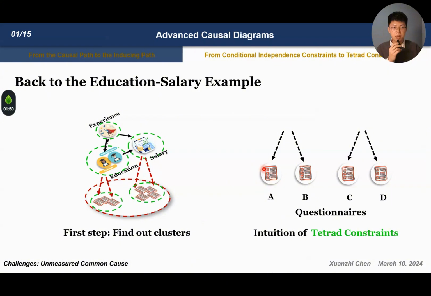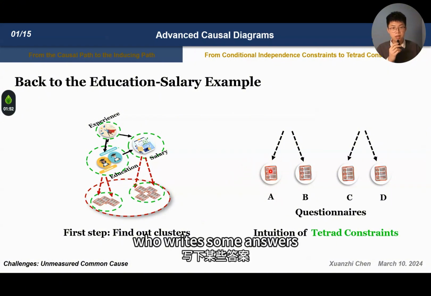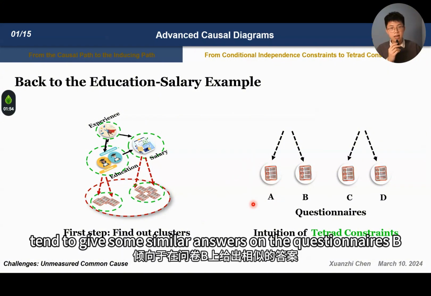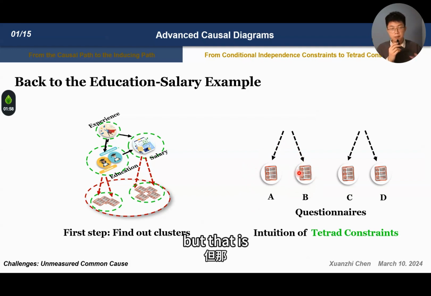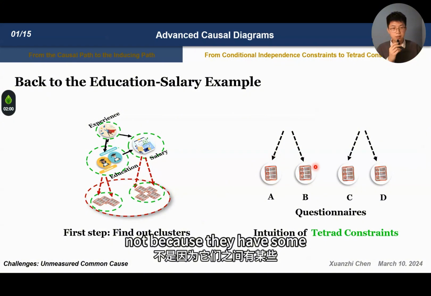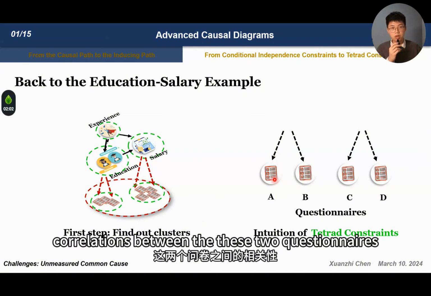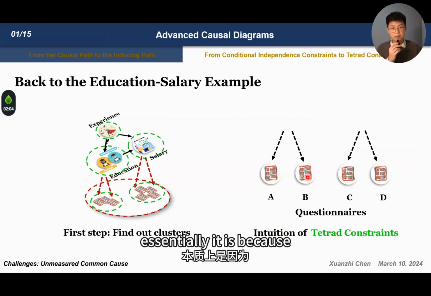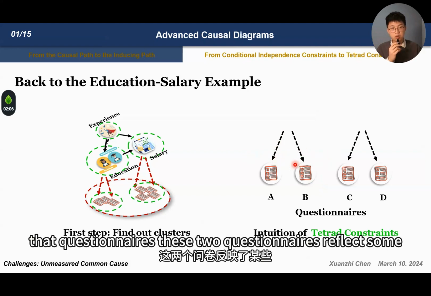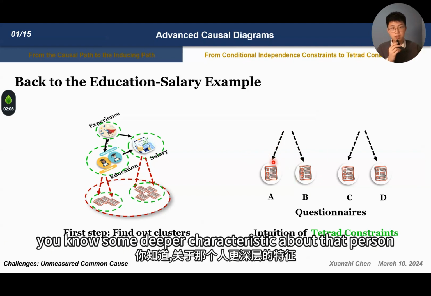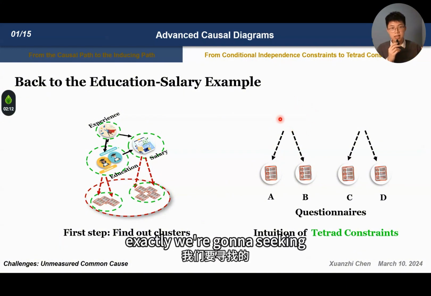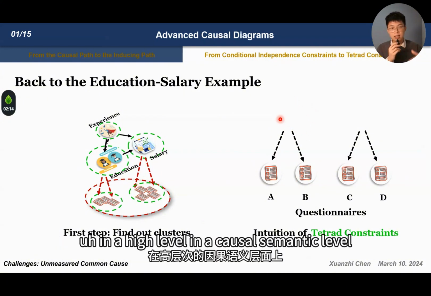Maybe a person who writes some answer on questionnaire A tends to give a similar answer on questionnaire B, but that is not because there are correlations between these two questionnaires. Essentially, it is because these two questionnaires reflect some deeper characteristic of that person, right? And that is exactly what we are seeking in a high level, in a causal semantic level.